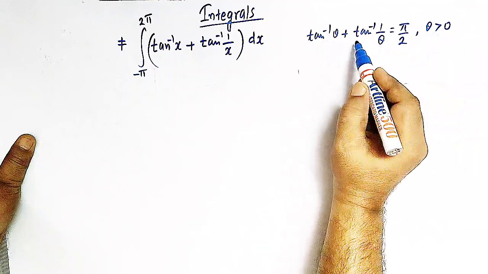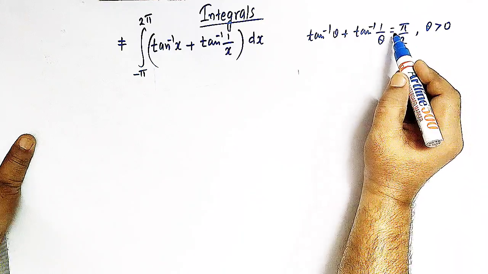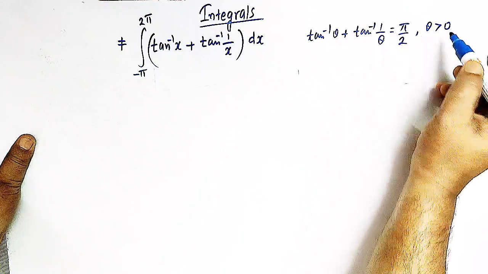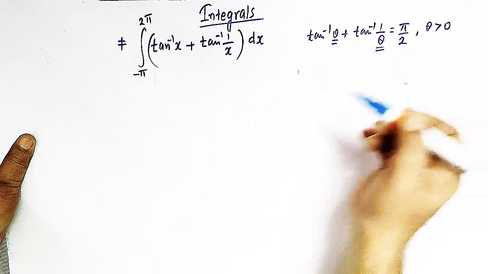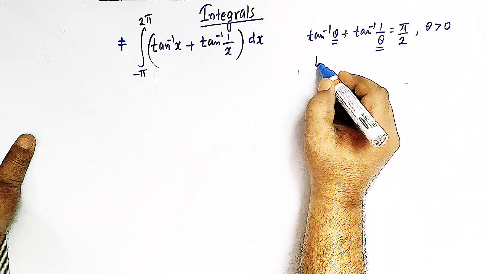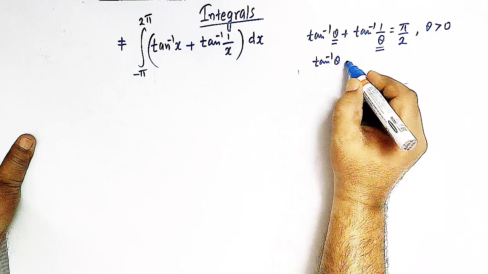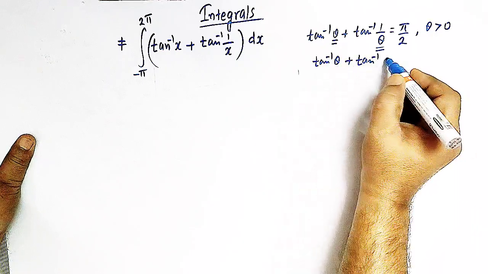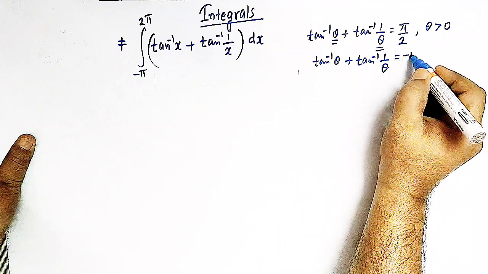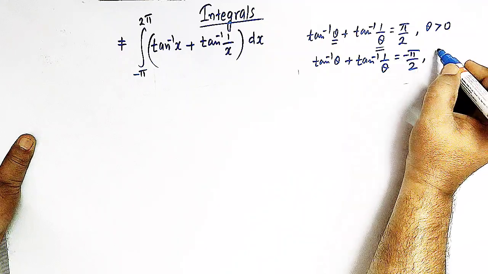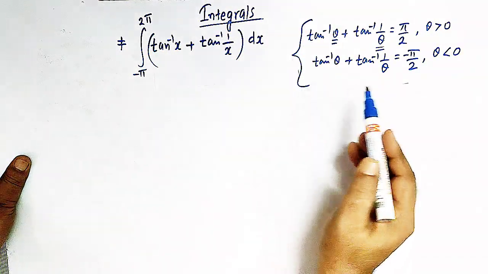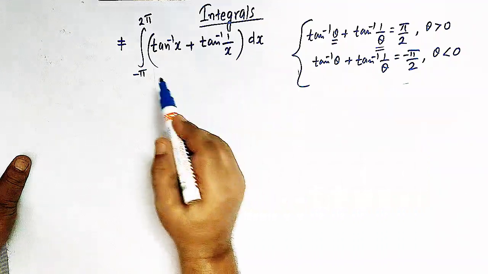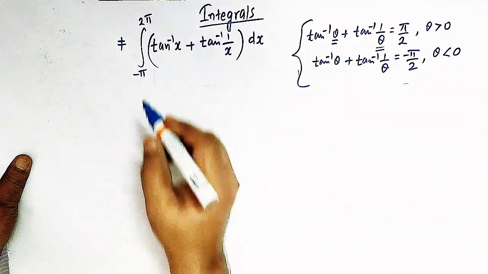So tan inverse theta plus tan inverse 1 over theta is equal to pi over 2 whenever this theta is greater than 0 or it is positive, right? And tan inverse theta plus tan inverse 1 over theta is equal to minus pi by 2 whenever theta is less than 0. So this property is the key property here to find out the value of this integral.